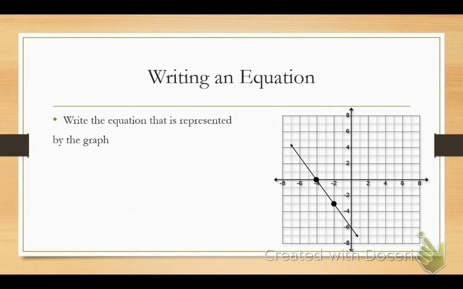How can I find the slope? Count rise over run. So can we count it together? 1, 2, 3. Is that positive or negative? Negative. Okay, over 1, 2.